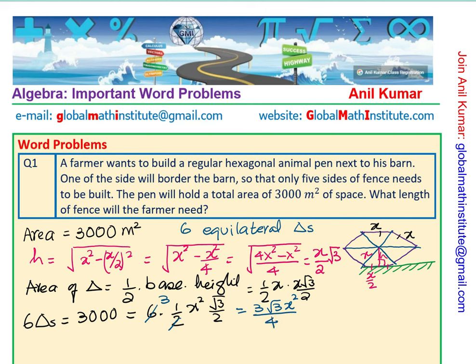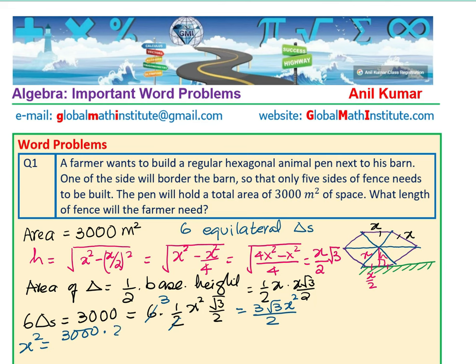So from here, we can write what x square equals. Because 6 got cancelled with 2, you got 2. Okay, great. So x square is equal to, cross multiply, 3000 times 2 over 3 square root 3. Let me write it in brackets. So let's calculate this value.